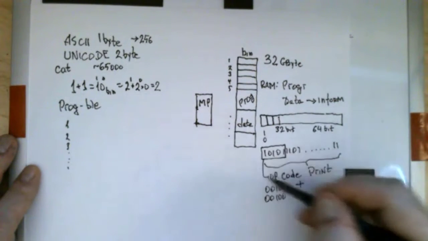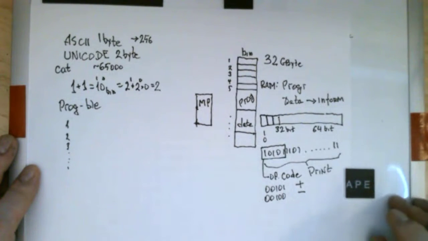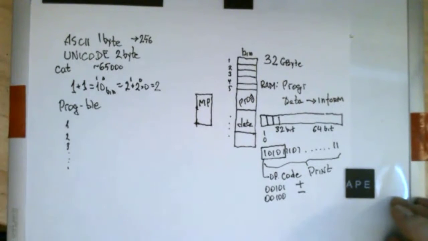But this is about operations, and operations usually have a code of operations because everything in the binary system must be encoded.